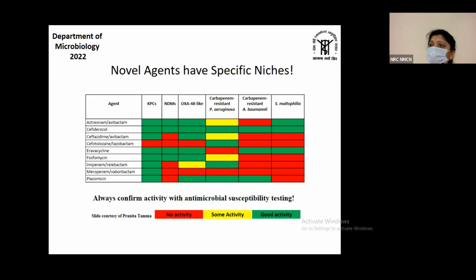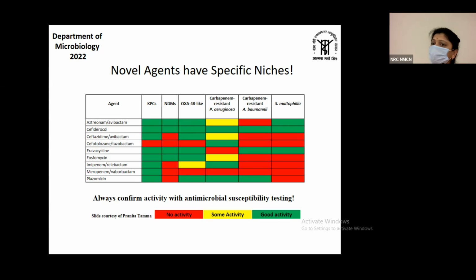There are new inhibitors that are available. However, what are the spectrum of pathogens and enzymes? The Klebsiella pneumoniae carbapenemases, the New Delhi metallo beta-lactamase. Then there is the OXA type of enzymes. There is carbapenem resistant Pseudomonas aeruginosa, carbapenem resistant Acinetobacter baumannii, and Stenotrophomonas maltophilia.